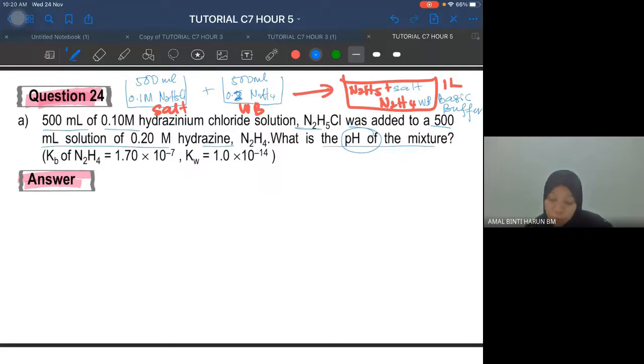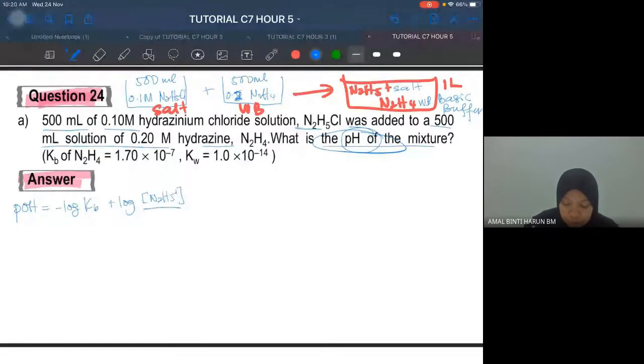So apa yang kita perlu buat adalah kita nak kira pH of the mixture. Okay, so we understand that okay, this is buffer. So basic buffer kita kena kira pOH, negative log Kb plus log salt over N2H5 plus weak base.